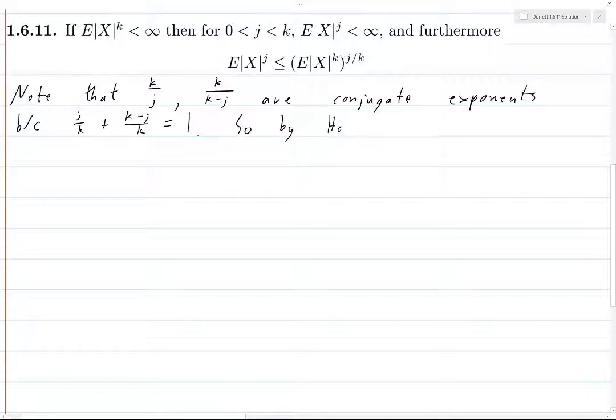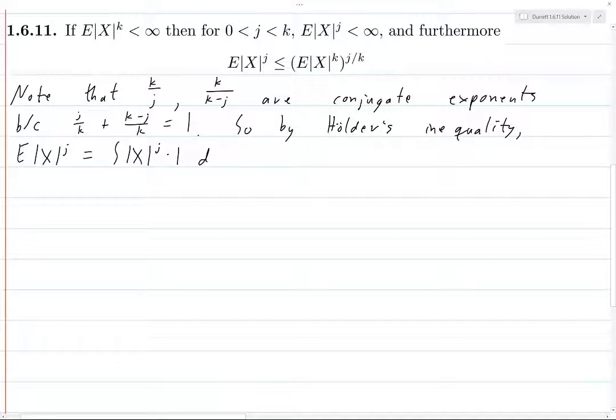So by Holder's inequality, what do we have? We take the expected value of x to the j, and this is equal to the integral of x to the j times 1 d mu, where mu is whatever.